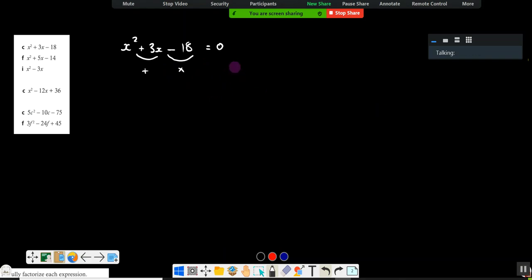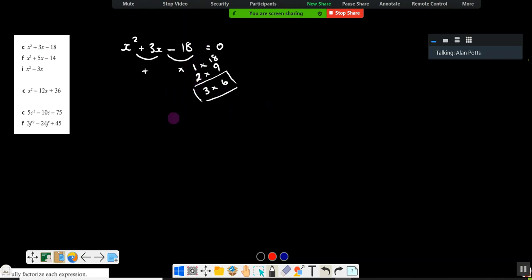So two numbers that multiply to make 18 are 9 and 2, or 3 times 6. One of them has to be negative. Also, 1 times 18. Negative 6 and 3. Then we need to add them together to make positive 3. So I get the 6 and the 3, because the difference is 3.